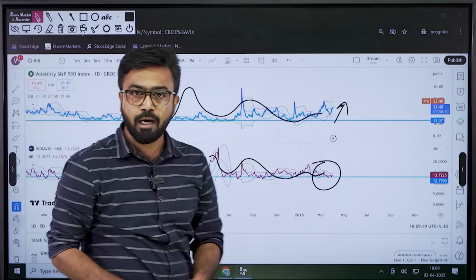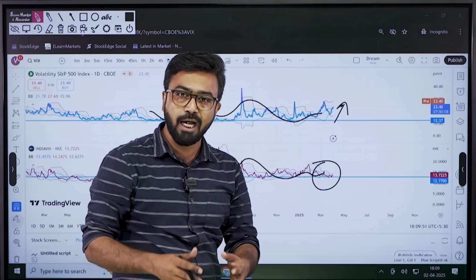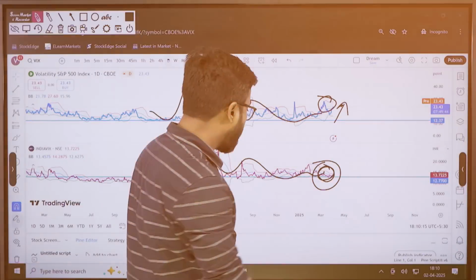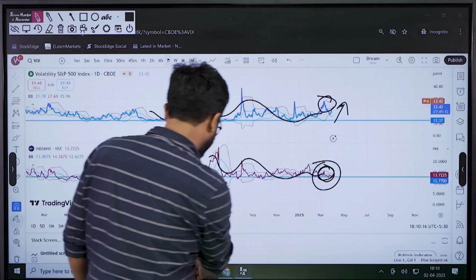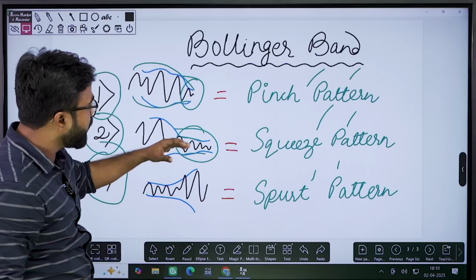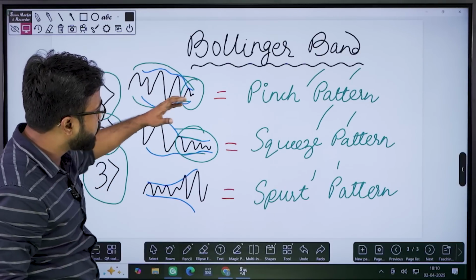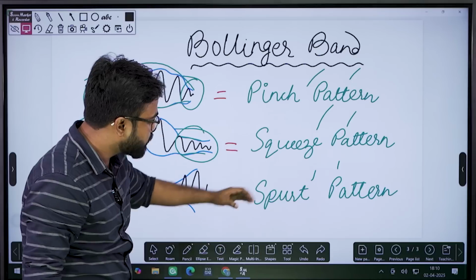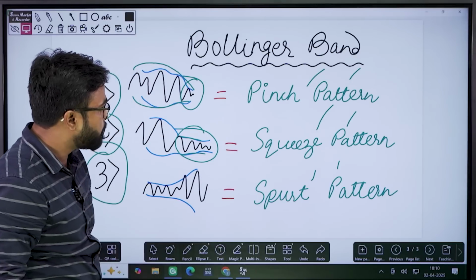Now, in this era of war, where volatility is surging across the globe and a lot of uncertainty is there, let me get back to the slide which I had explained. In Bollinger Band, there are three patterns. One is pinch, the other one is squeeze, the other one is spart pattern.